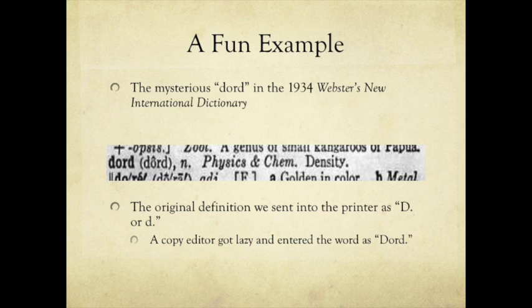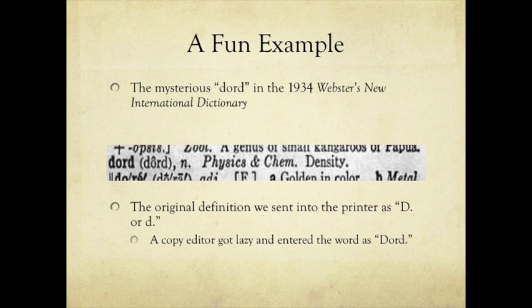Here's what happened. So, what you see there is a screenshot. It's a picture of a copy of the dictionary that I have, and it comes from just a dictionary page. Notice it says Dord in bold there, then it's got a pronunciation, then it says it's a noun, and it says it references physics and chemistry, and it means density.